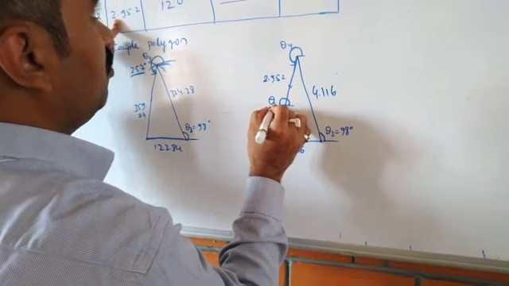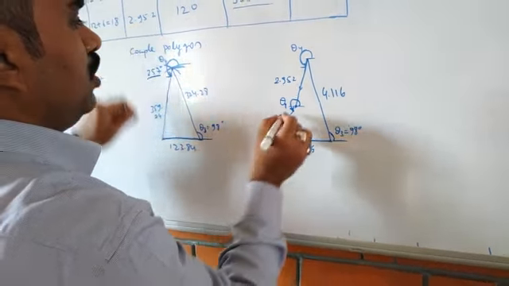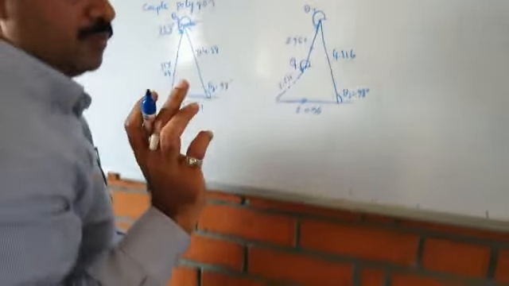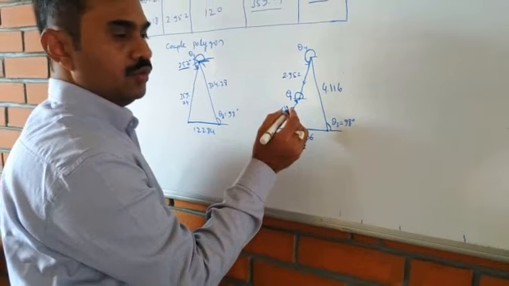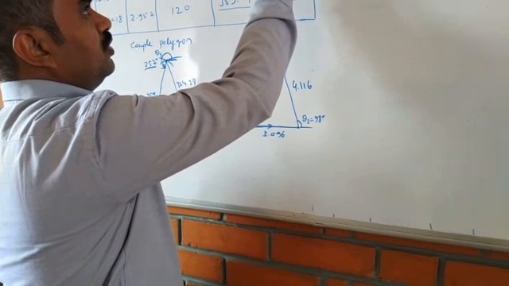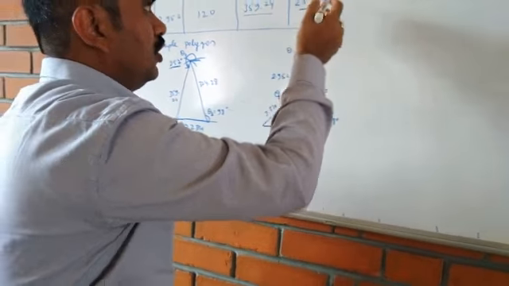This is theta 1, and after measuring we get it as 215 degree.